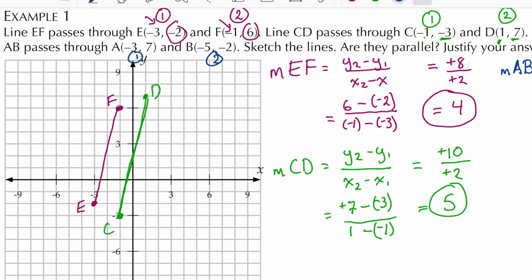A and B. A goes from negative 3, 7 to negative 5, negative 2.